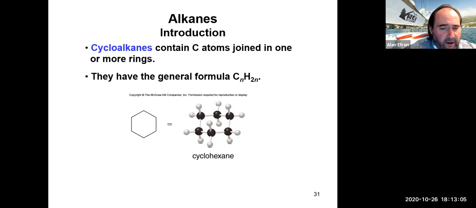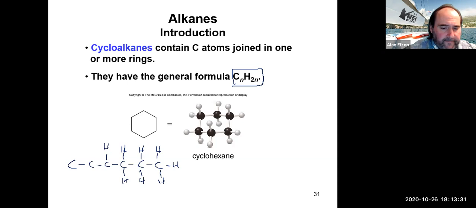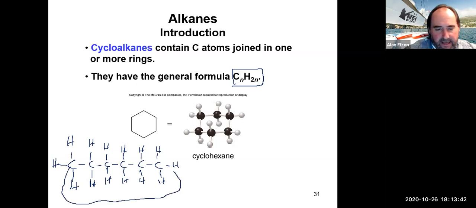Cycloalkanes are also all single bonded, but they have a general formula very similar to an alkene, because they have to close in. So if we had 6 carbons in a row, which would be hexane, with all of our hydrogens here, and we wanted to make this into a ring structure, taking this carbon and slapping it together with this carbon here, we cannot do it the way it is.